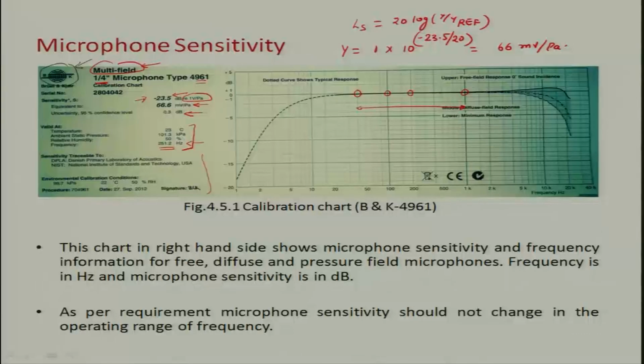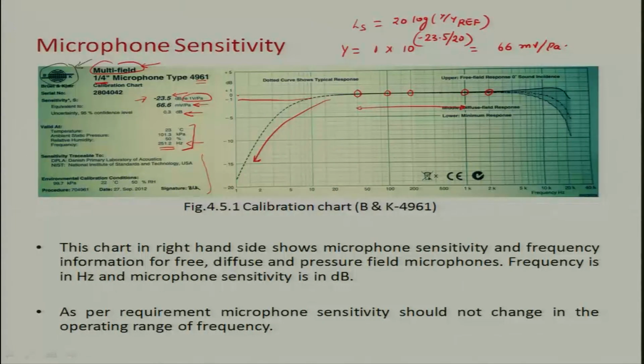Maybe you can also say it goes up to 2000 hertz. Below 50 hertz, what happens to the sensitivity? The sensitivity starts to drop. Suppose I want to figure out the sensitivity of the microphone at 10 hertz. I look at this graph, and at 10 hertz the change comes to minus 1.